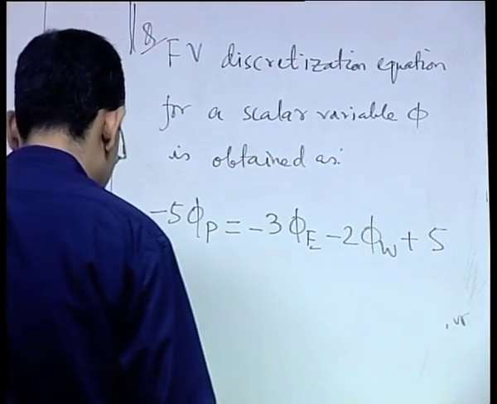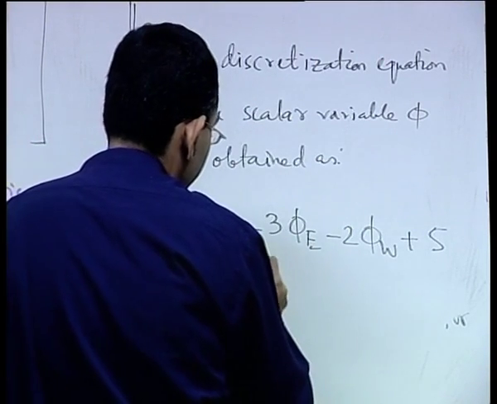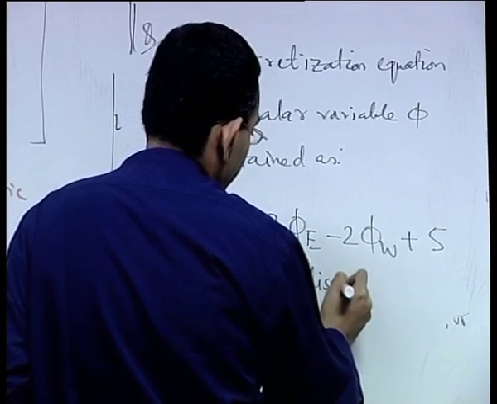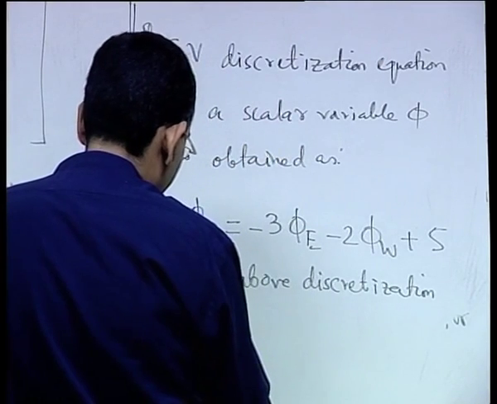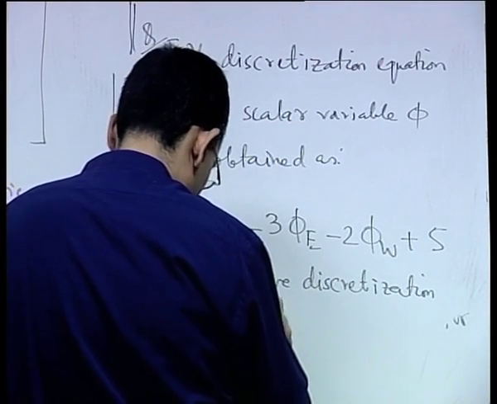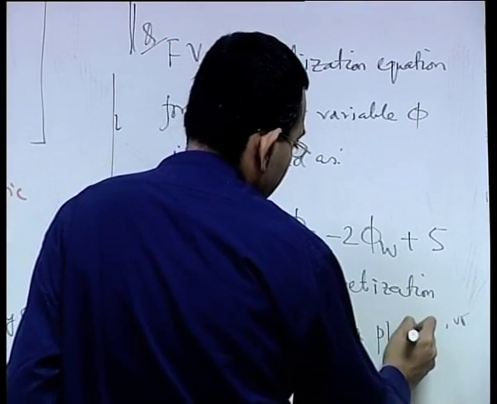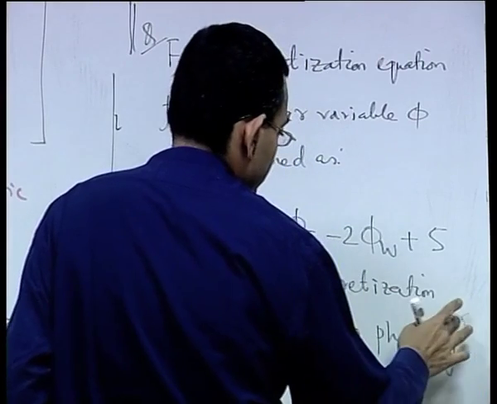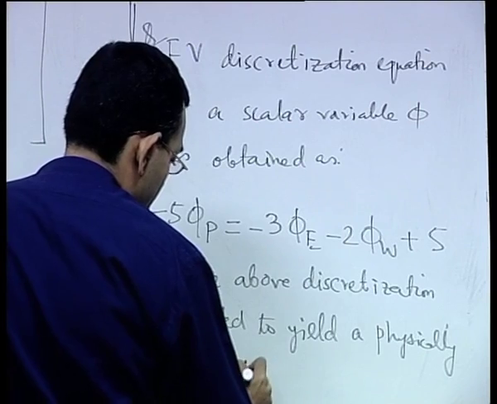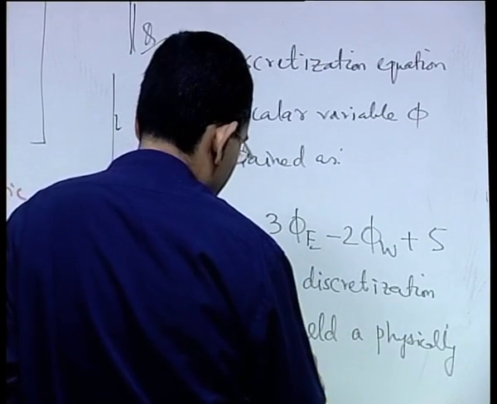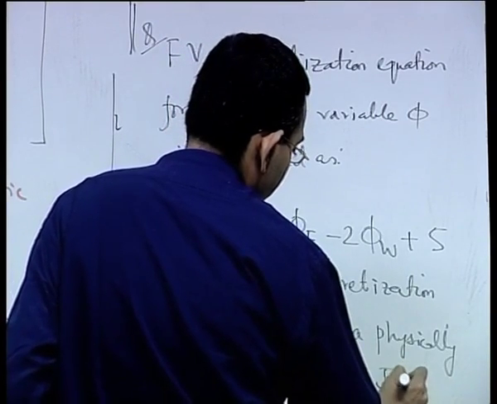Question is: is the above discretization expected to yield a physically unrealistic solution? Justify with reasoning.